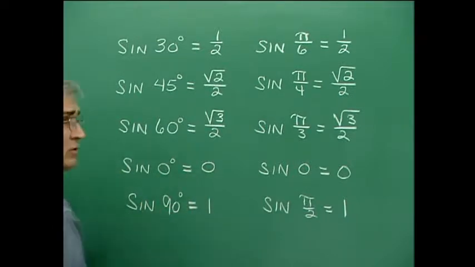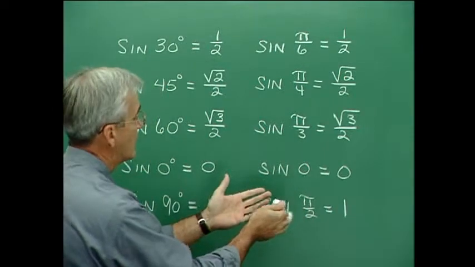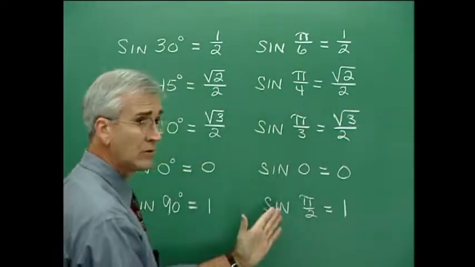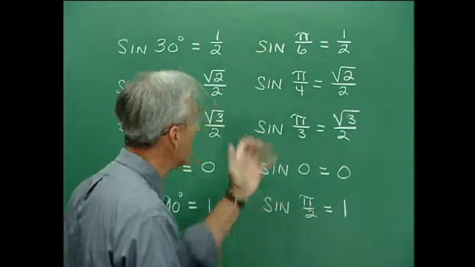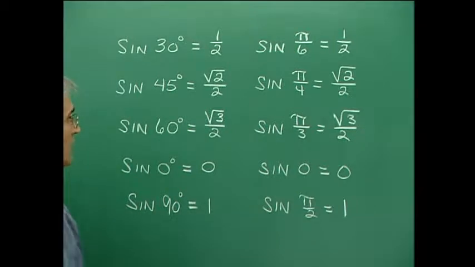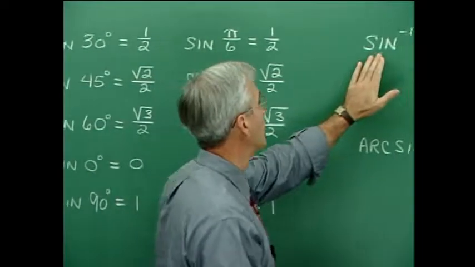The sine of 90 degrees is 1. And we have counterparts in the radian world as well. You see, and we can either think of these as angles in radian measure, or we could think of them as real numbers. But at any rate, when we take the sine of them, we get the same values that we get over here in dealing with these angles measured in degrees. All right, now, let's keep that in mind when we work problems like this.